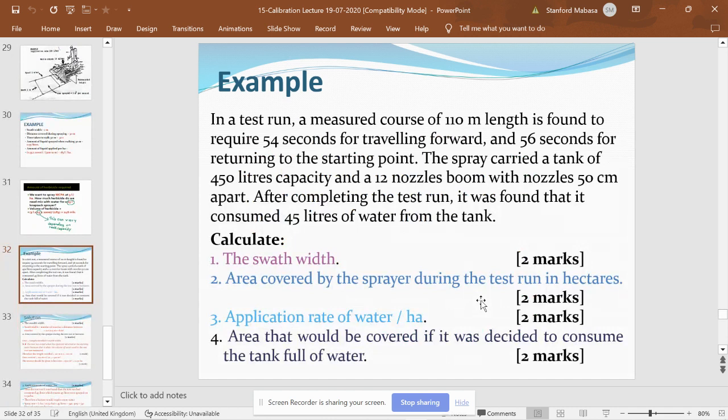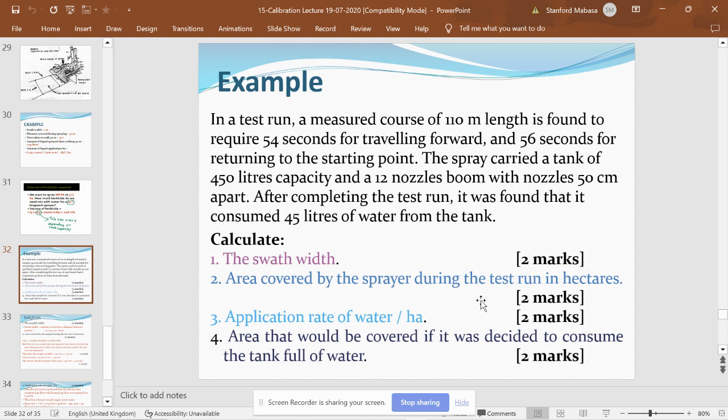Well, this is just an example where we have in a test run a measured course of 110 meters length found to require 54 seconds for traveling forward and 56 seconds for returning to the starting point. The sprayer carried a tank of 400 liters capacity and a 12-nozzle boom with the nozzles 50 centimeters apart.